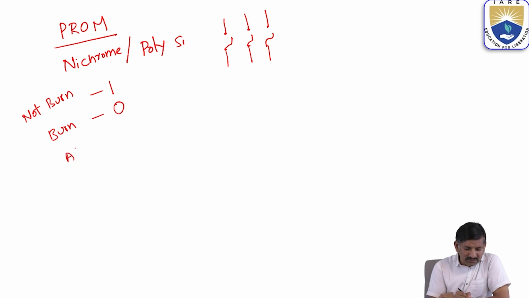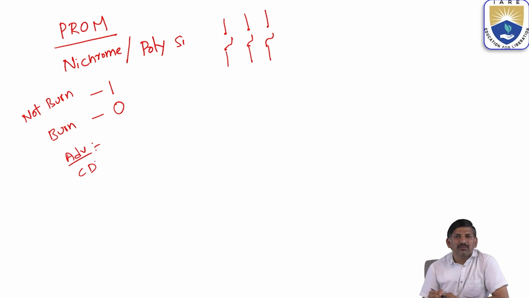So advantage is, the end user can program the memory device as per his requirement, like CDs. In CDs, we store our images, videos, audios, whatever content we want to store. Okay, that is an example.